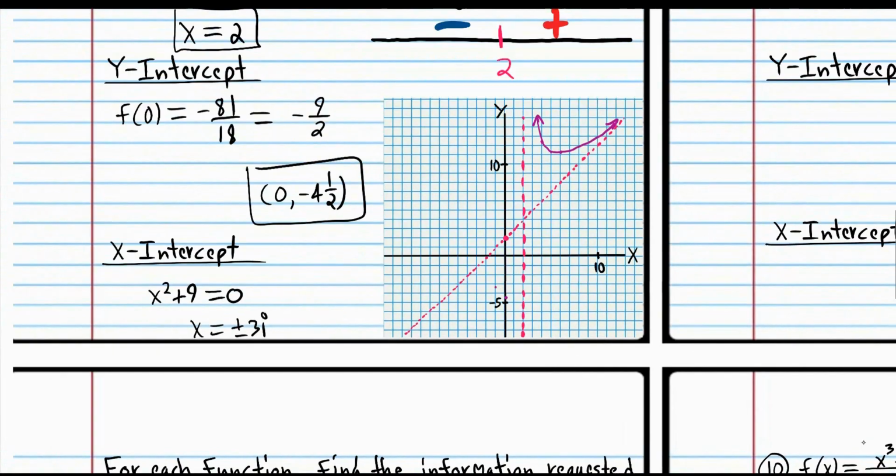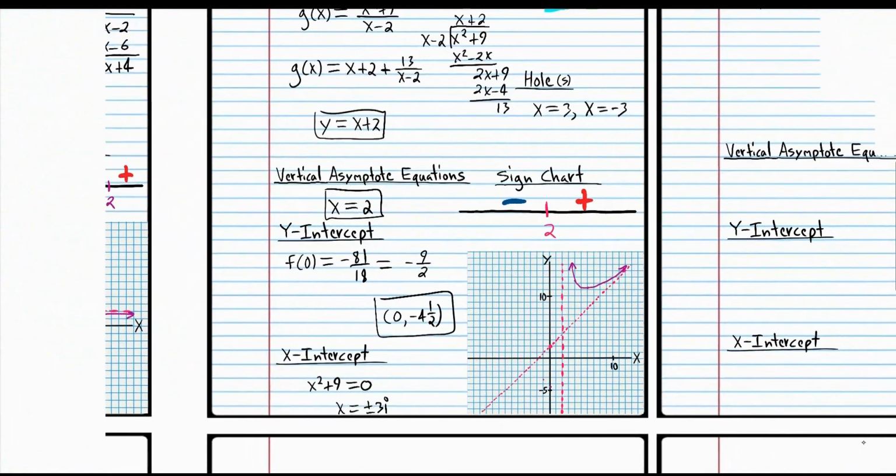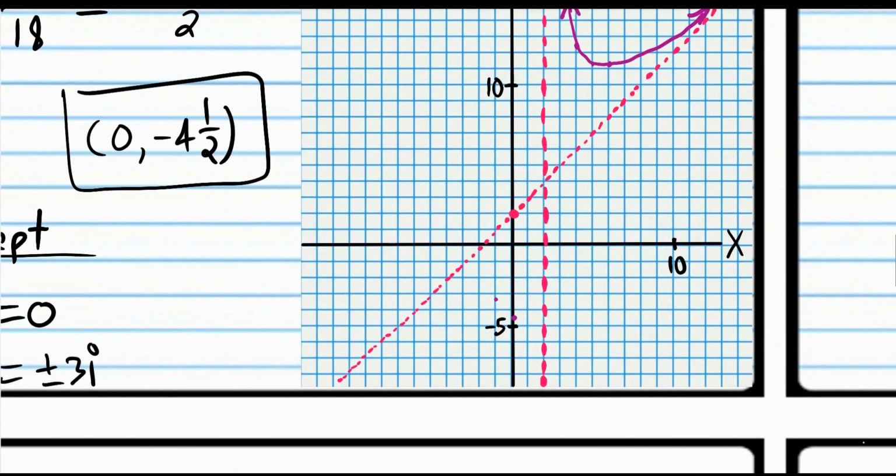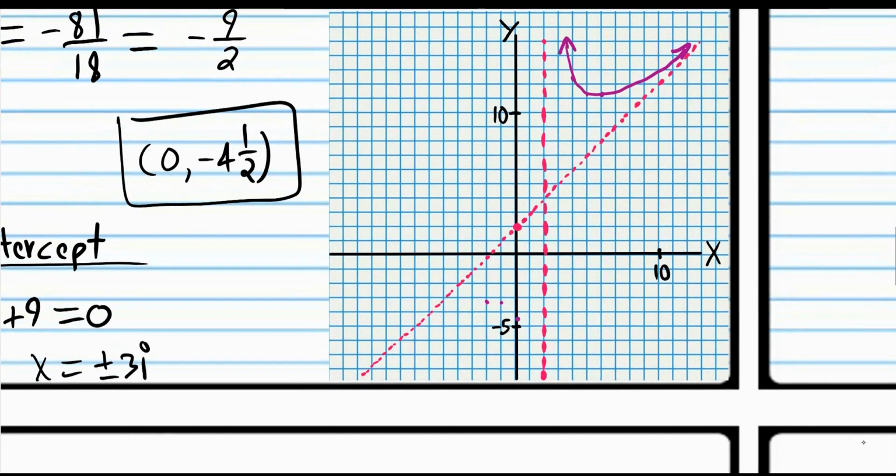Now let's plug in negative 2. That's going to give us 13 divided by negative 4, which is negative 3.25. So that's about there. So our graph is going to look something like that.